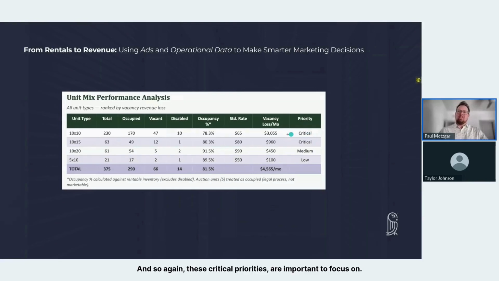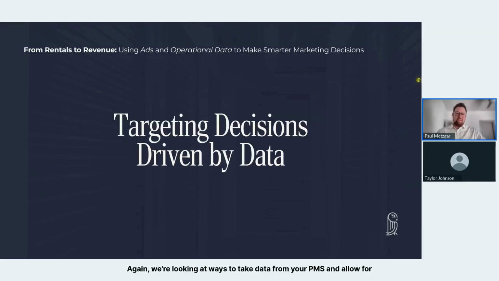These critical priorities are important to focus on, whereas it may not be worth spending a lot of money on ads for the 2 vacancies that are only $50 a month. So that's a $100 loss. Someone might come around and pick those up, but I want to focus on the higher revenue opportunities. Again, we're looking at ways to take data from your PMS and allow marketing to fully utilize that to make the best decisions.